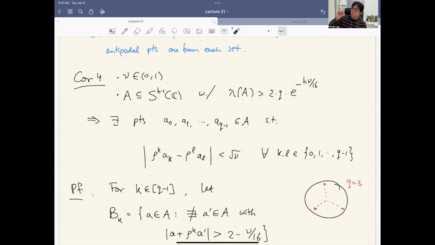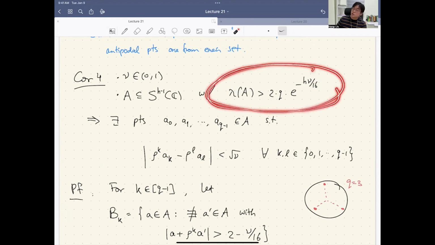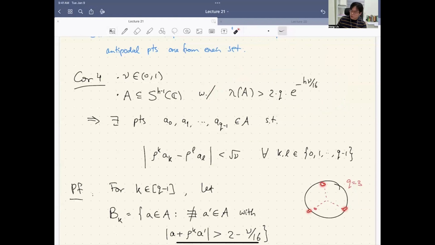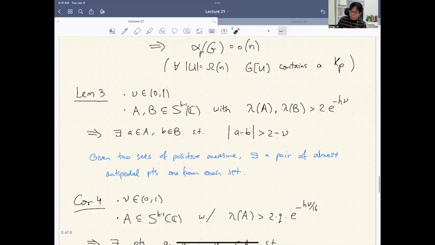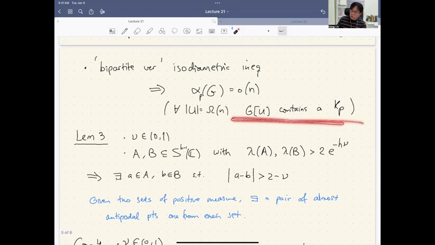So let me just think of points as vertices. This is basically saying whenever you take a positive measure corresponding to a linear number of vertices, omega n vertices, you will find q vertices at equal angle in this nice position. That means they form a clique of order q. And that's exactly what we want to prove.